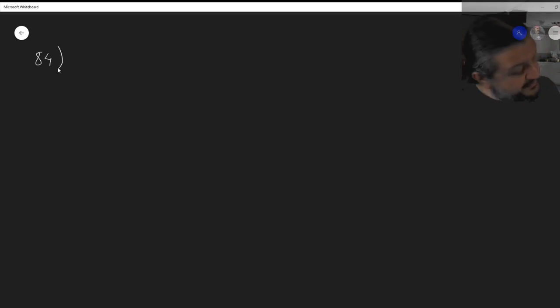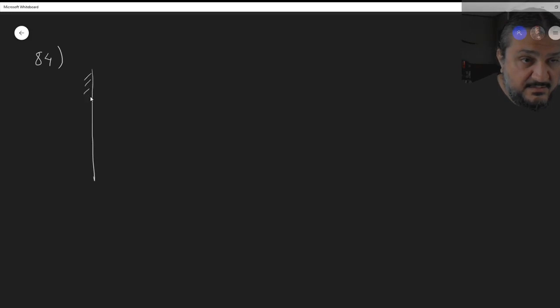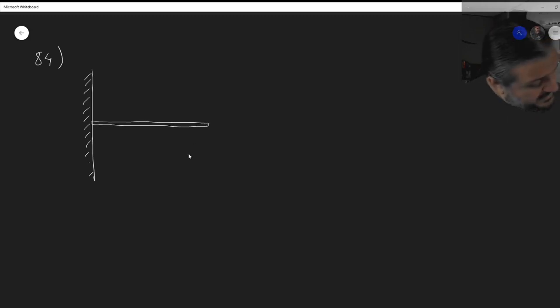A 200 Newton sign is suspended from a horizontal strut of negligible weight. I'm just going to draw the picture and read it after that. There's a wall here, and the strut they're talking about is just a rod or piece of wood, a strut. And then you hang a sign.